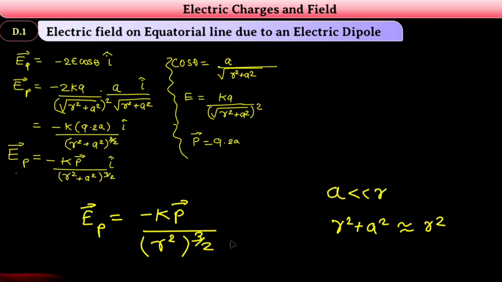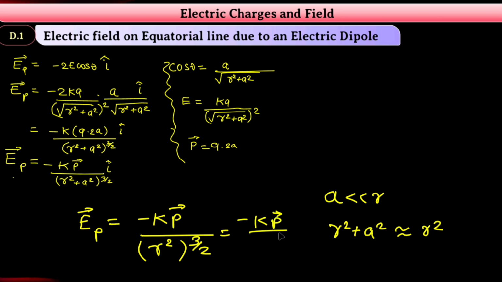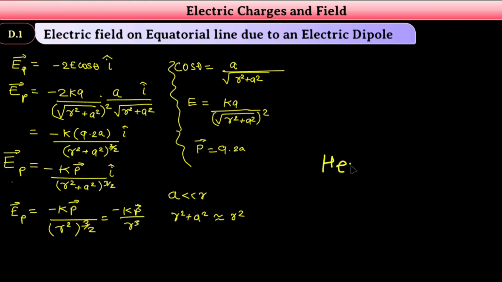So this can be equal to minus Kp vector upon r to the power 3. Hence, electric field at equatorial line will be equal to minus Kp vector upon r cube.